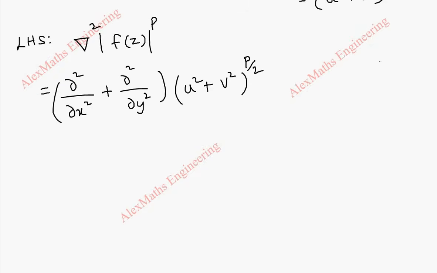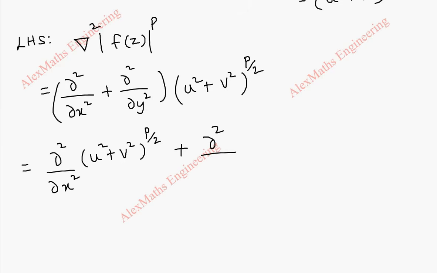Now let's take this as two terms. One is ∂²/∂x² of (u² + v²)^(p/2) plus ∂²/∂y² of (u² + v²)^(p/2).